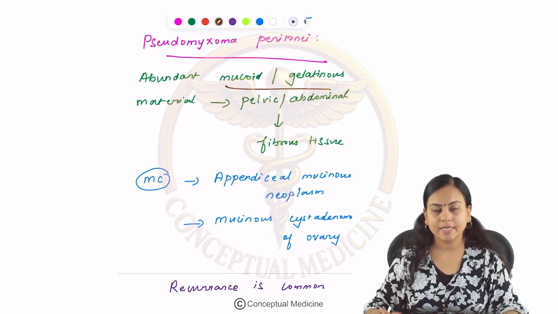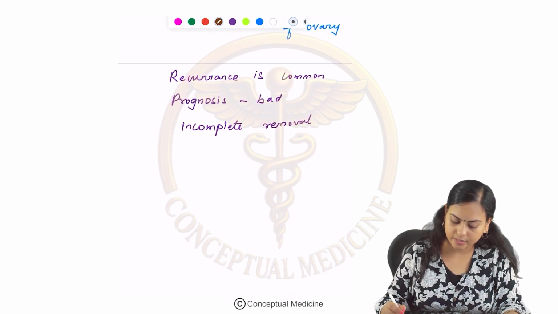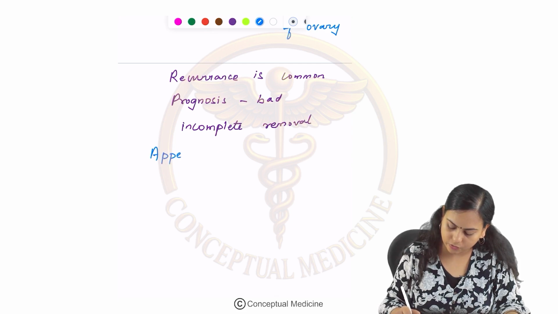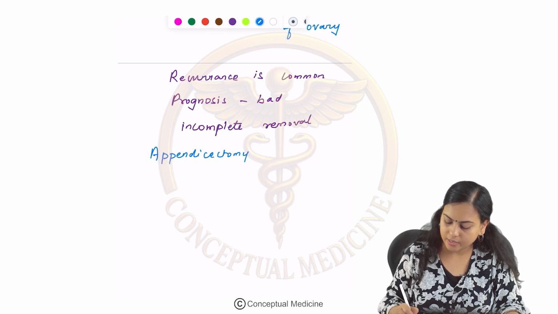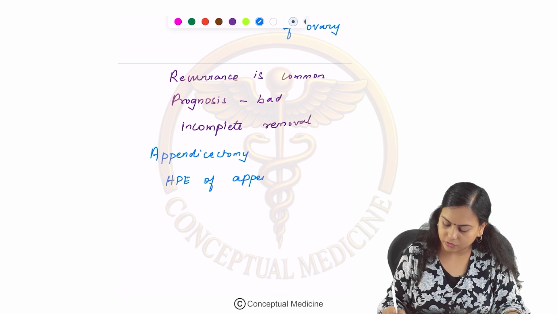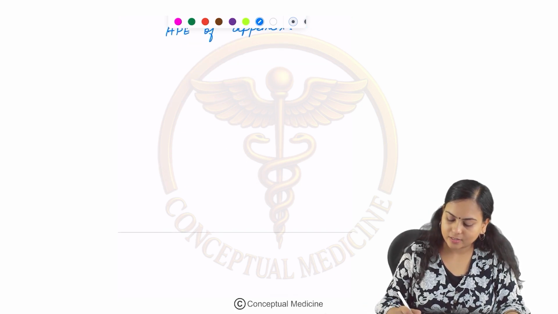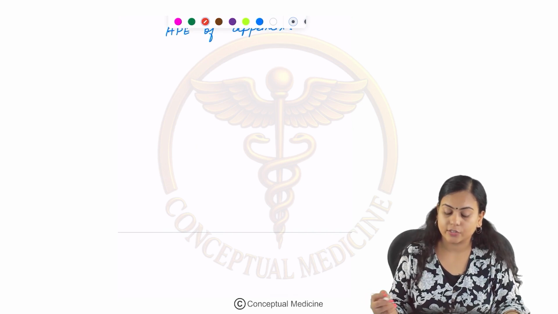So, removing it completely will be difficult, right? So, what you have to do is always do appendicectomy and histopathological examination of appendix is also to be done. Clear? Now let's discuss about endometrioid carcinoma.